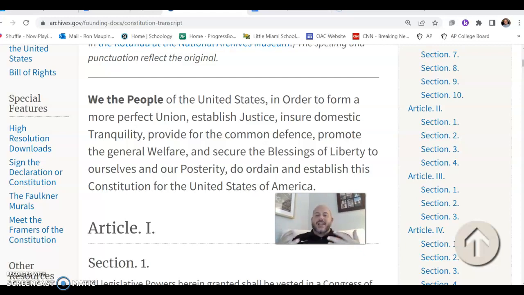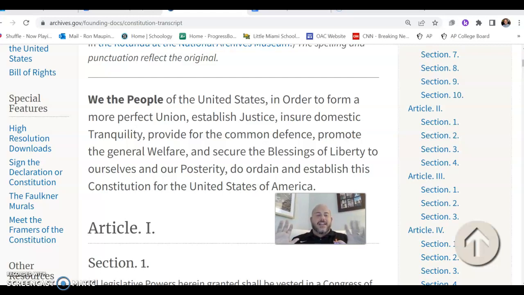And if you understand the social contract and whatnot, this is basically the government's side of the contract. The government is promising to establish justice, ensure domestic tranquility, provide for the common defense, promote the general welfare, and secure the blessings of liberty. That's the function for this entire government. That's its job.